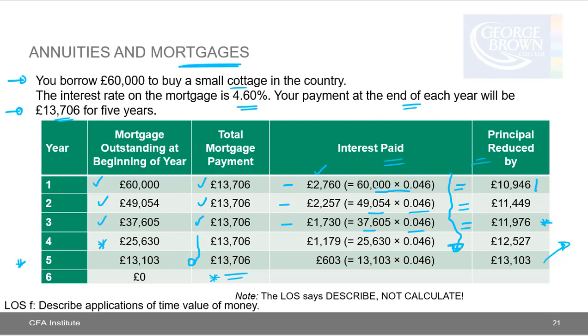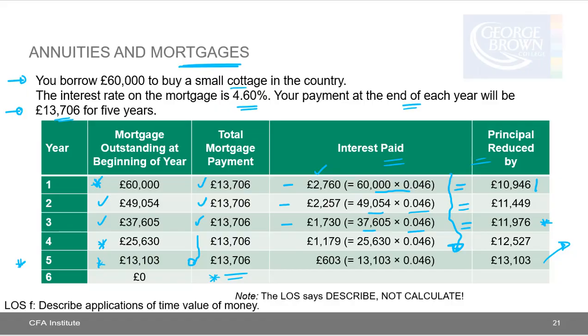And the interest component at the beginning of the loan, well, the mortgage has the highest balance at the beginning of the first year, so that interest component is going to be higher than in successive years, where the mortgage outstanding balance at the beginning of the year is lower and lower. Okay, so hopefully that's not too difficult.